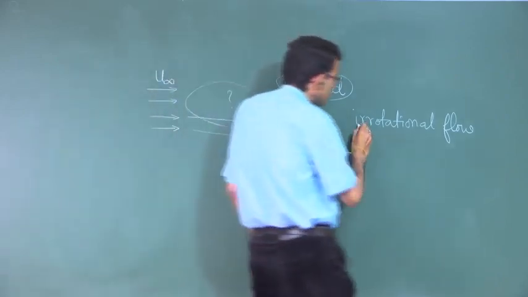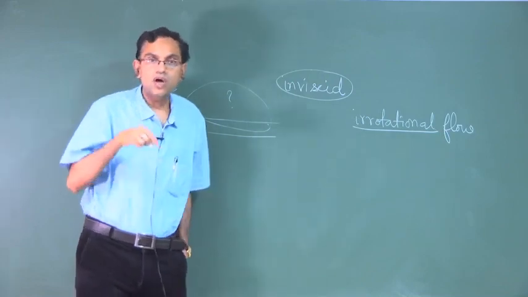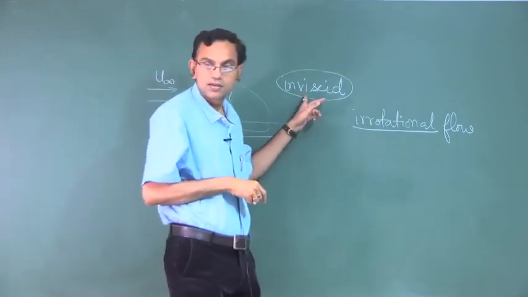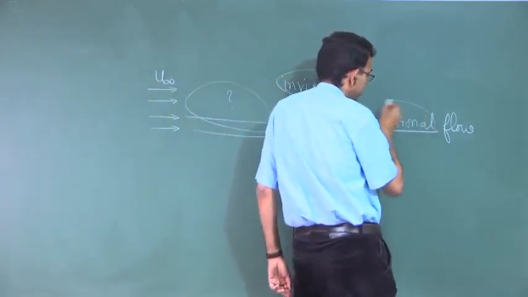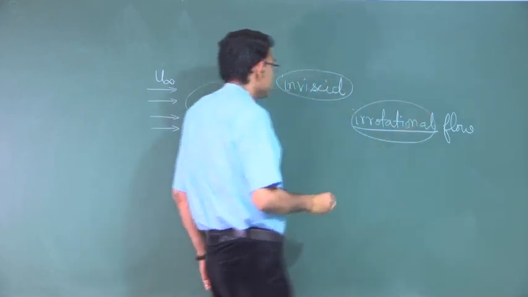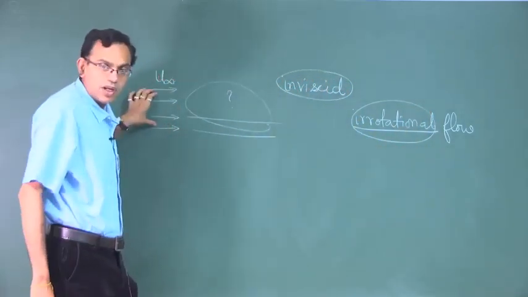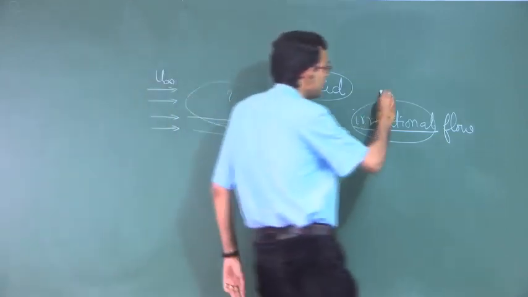This is the keyword which is of more importance to the topic that we are going to study now rather than the inviscid flow, because this is what we are banking on. So, we start with the uniform velocity profile. This uniform velocity profile is clearly irrotational.